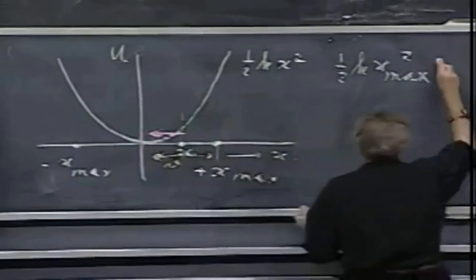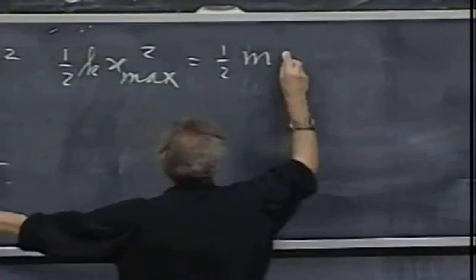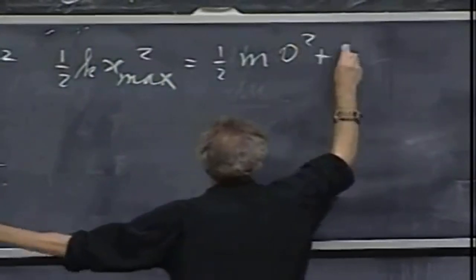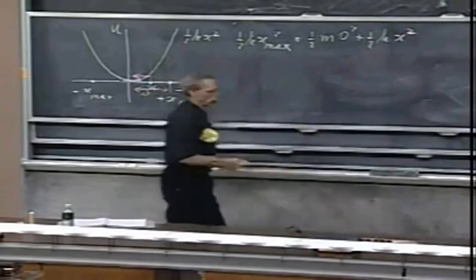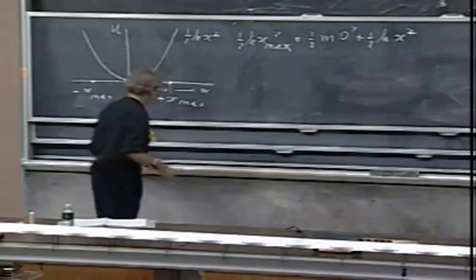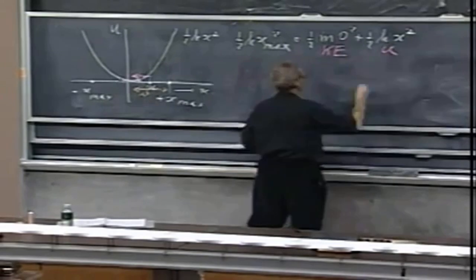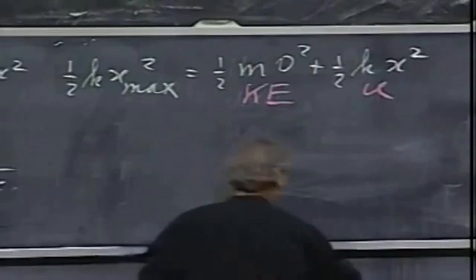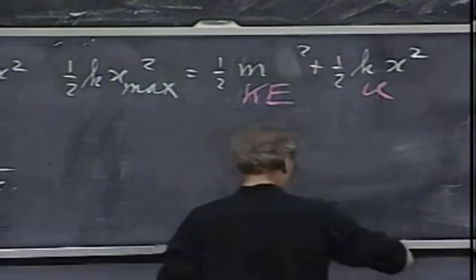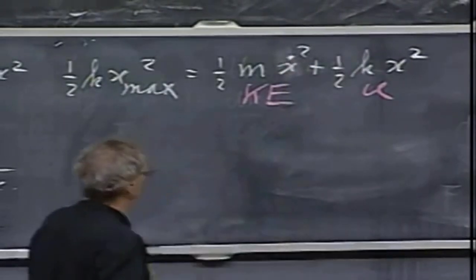So that must be now 1/2 m v squared at a random position x plus 1/2 k x squared, which is the potential energy at position x. So this is the kinetic energy, and this is the potential energy. V is the first derivative of position versus time, so I can write for this an x dot.